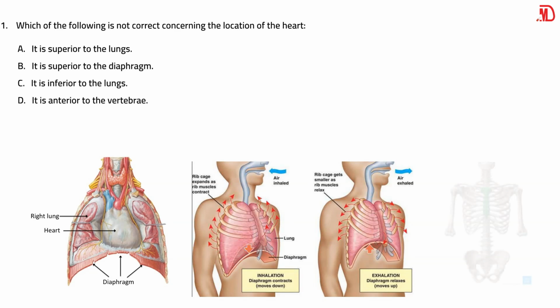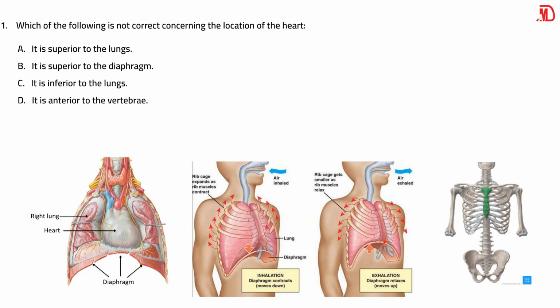The sternum, also known as the breastbone, is a flat, T-shaped bone in the center of the chest that protects the heart, the lungs, and other organs. The sternum and the heart are both located in the chest, with the heart slightly behind and to the left of the sternum.